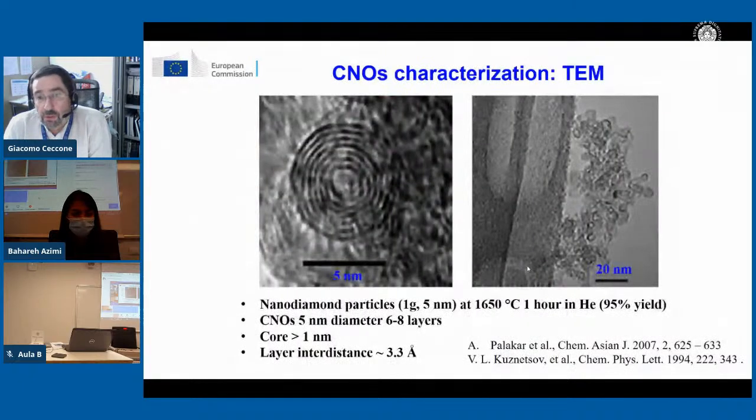So in our case, the material we received or have used is essentially made from nanodiamonds treated at 1650 for 1 hour in helium, and we have essentially this kind of nanoparticle as shown by TEM, about 5 nanometers with 6 to 8 layers of graphite and graphene, and the inter-layer distance is about 3.3 Ångstrom.